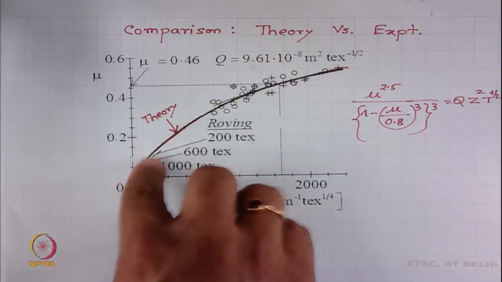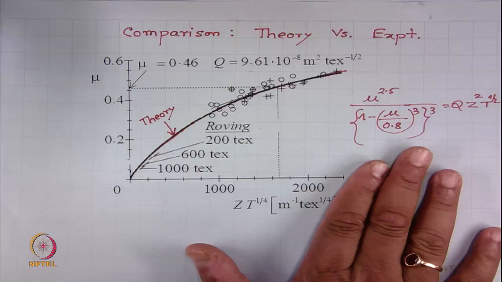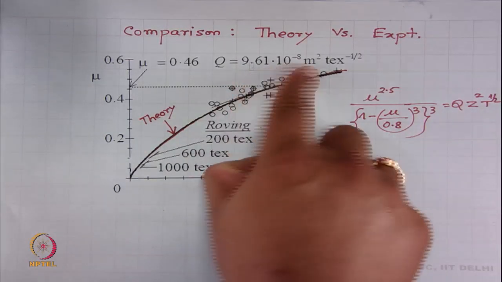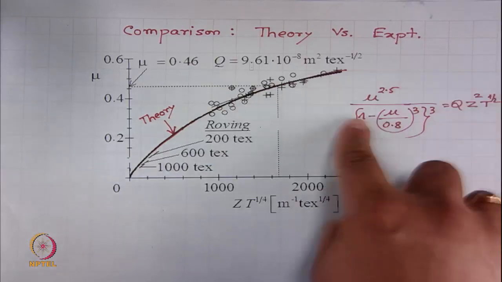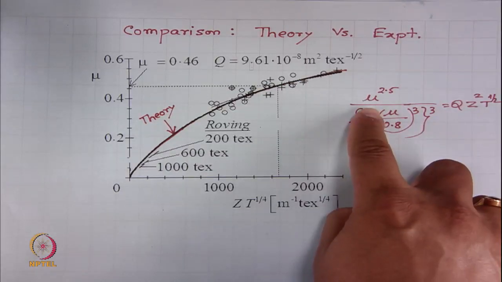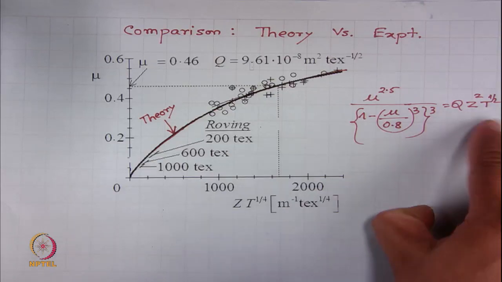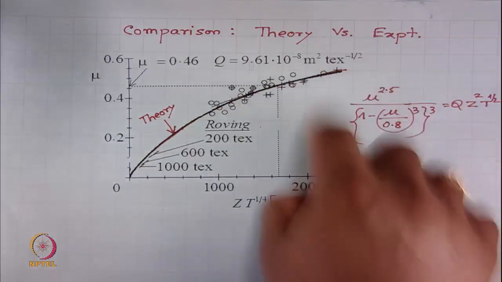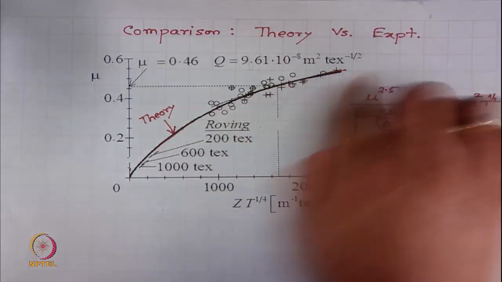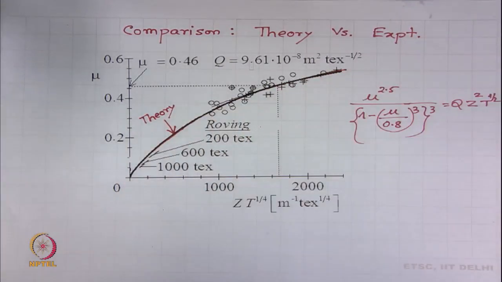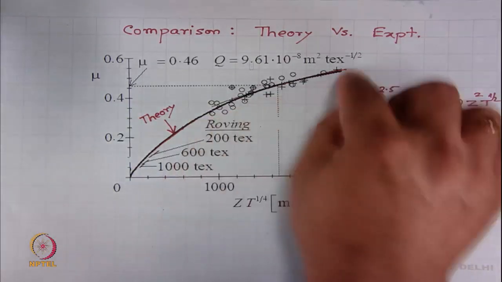So, how did we obtain this line? We solve this equation. Q we considered 9.61 into 10 to the power minus 8, Z we measured the yarn count, we measured the yarn twist. So, for one yarn this value was known, we solved this equation, we found out mu. For different values of Z, for different values of T, we found out many values of mu. We plotted all those values and we obtained this thick black line curve, that is from theory, and these are the experimental values.